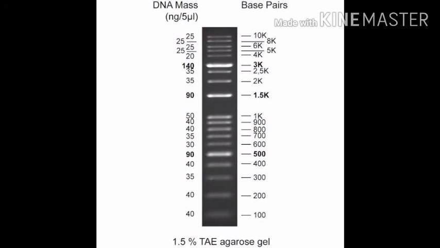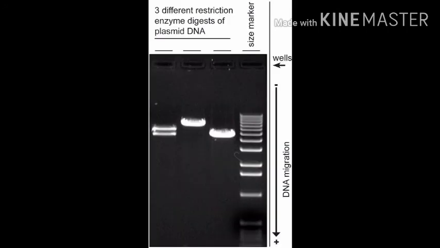So it can be easily identified with the help of this marker lane. As you can see in the picture, this marker lane helps in identification of the plasmid DNA, what size the plasmid DNA is made up of, because the marker lane running right there, the size it coincides with will help us identify that the unknown DNA sample is of what base pair size.